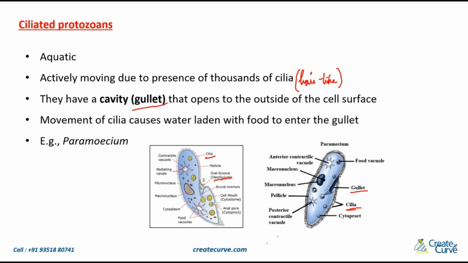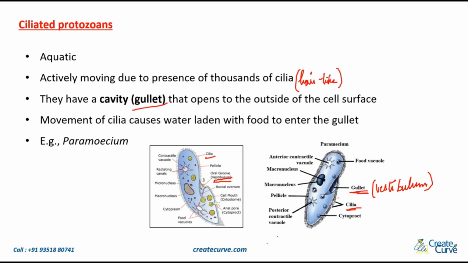Now, because of this, they can move actively. They have a cavity or also called a gullet that opens to the outside of the cell surface. Can you see the gullet here and even over here? This is also called the oral groove or the vestibulum. This is a cavity or it's like an opening here.